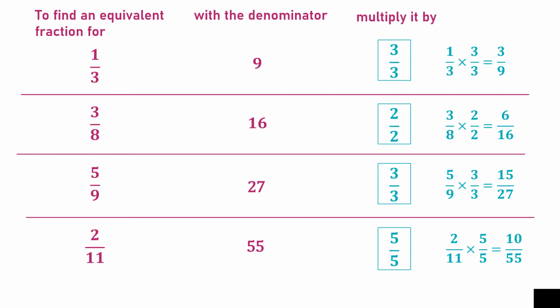If we wanted to find a fraction equivalent to 2/11, but with the denominator of 55, well, we would just multiply it by 1 in the form of 5/5. And that would give us an equivalent fraction with the denominator of 55.